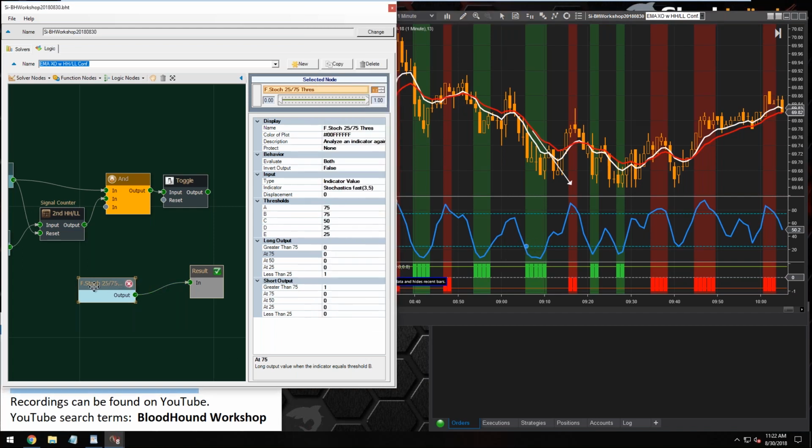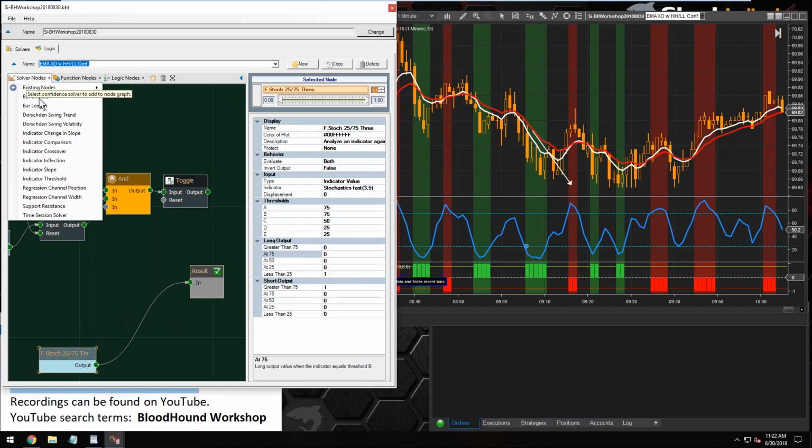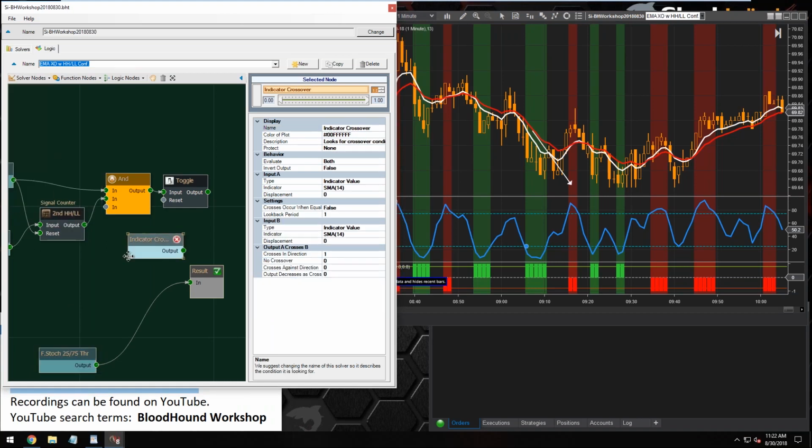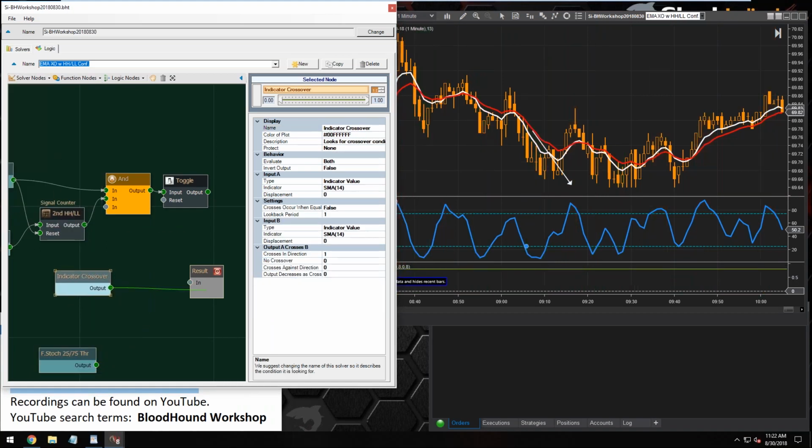So we're going to need to do this a little differently than using a threshold solver. So I'm going to just throw that off to the side. And instead, I'm going to use a crossover. So this is going to be looking for the Fast Stochastics crossing over 25.